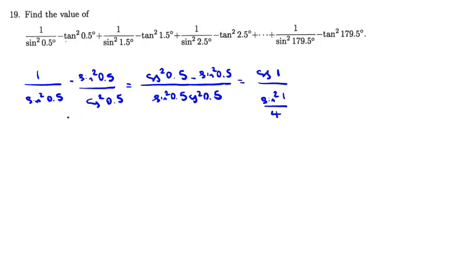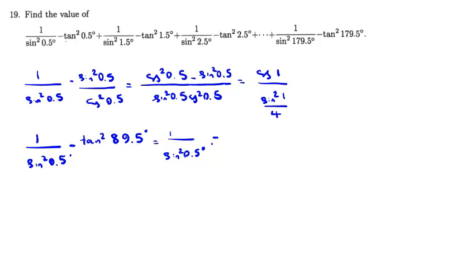So look, in any problem, you can check different cases. But if we consider 1 over sine squared 0.5 minus tangent squared, this plus 90, 89.5 degrees.